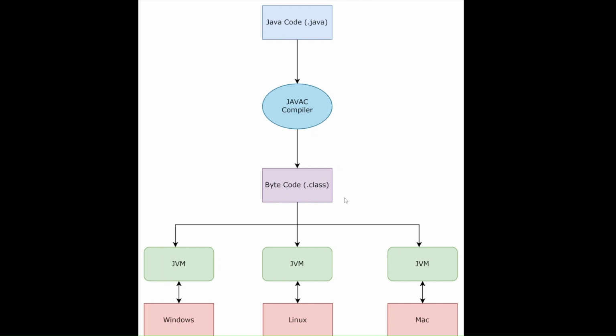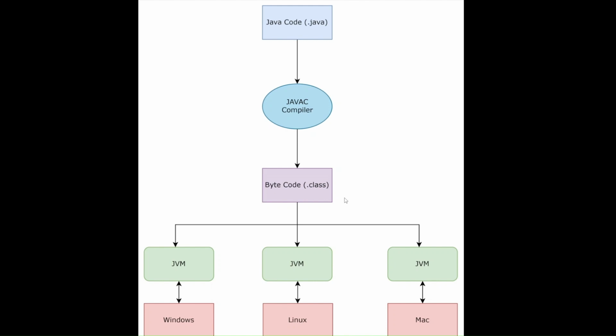Whenever you install a JDK, you know that this JDK is specific to specific platforms, right? And this JDK comes with the JRE, which is used for compiling and execution of your code, and the JVM, that is your Java Virtual Machine, which will help you in interpreting this bytecode.